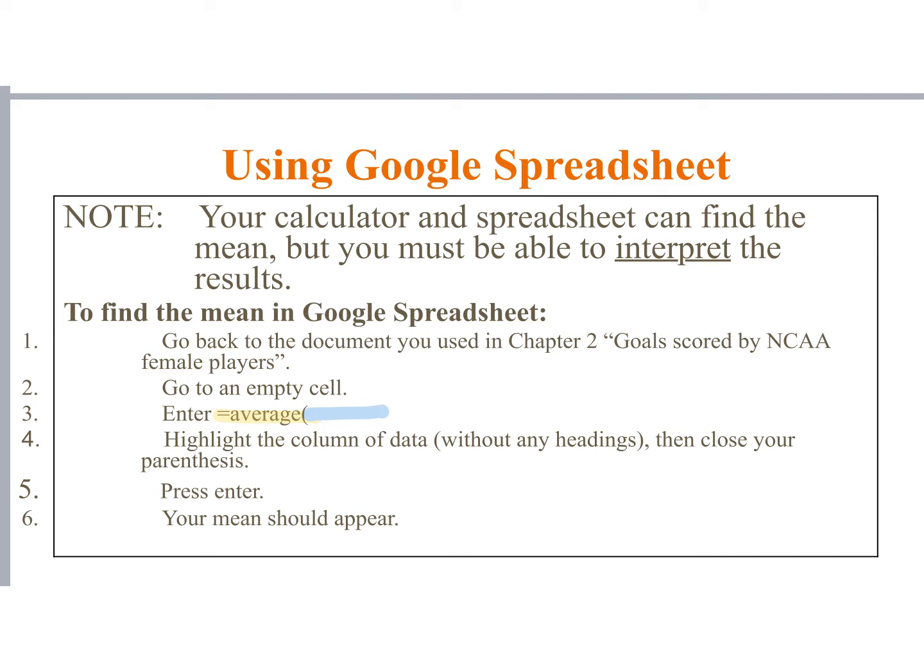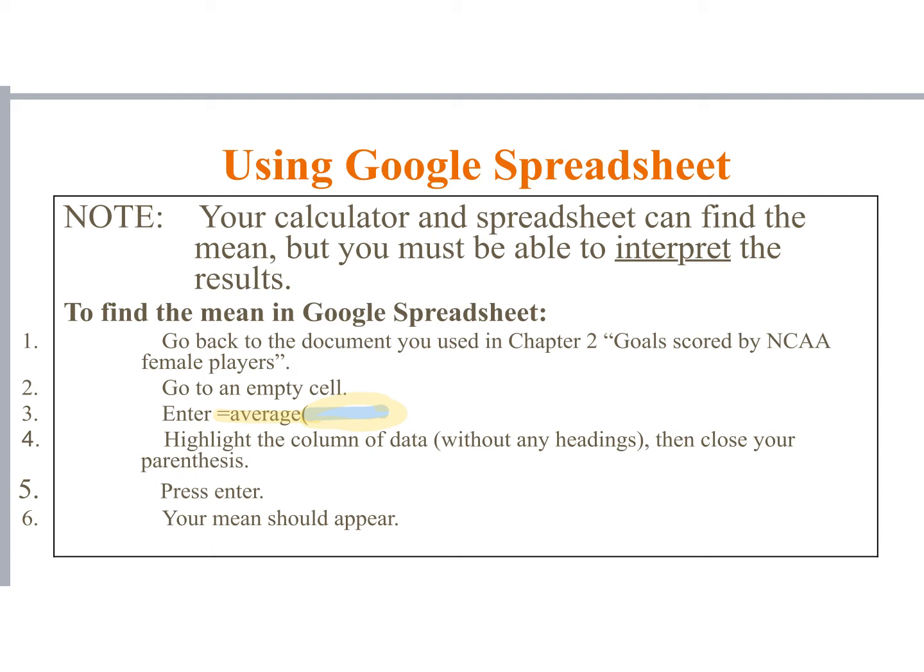So now, after you have equals average open parenthesis, you're going to highlight the column of data. So that entire column of the goals scored, highlight that. If you have a heading above it, don't highlight the heading, just the values. When you highlight that, those cells should appear inside your cell for the calculation.